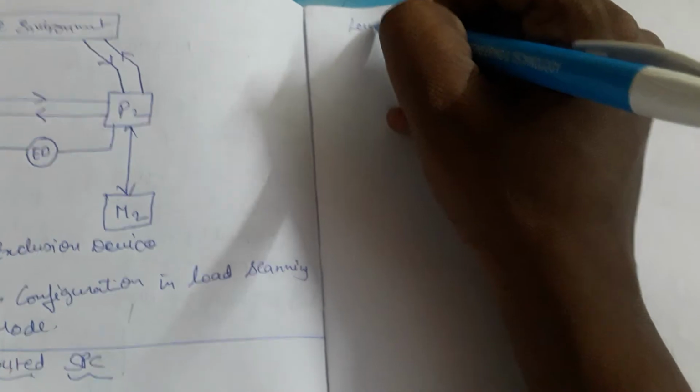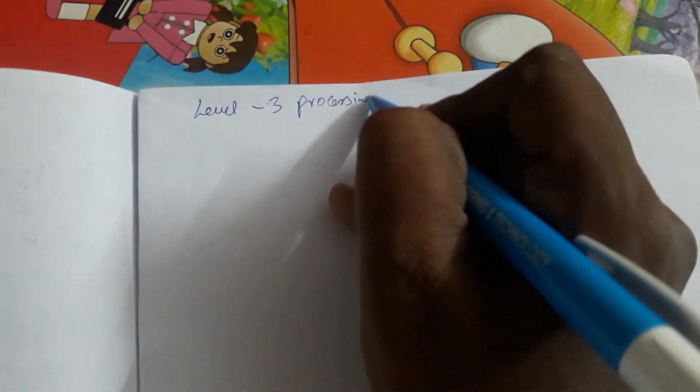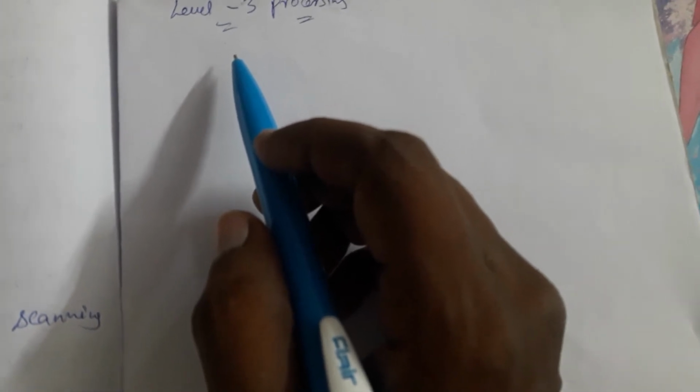The first one is level 3 processing. The level 3 processor performs scanning, distribution and marking functions.